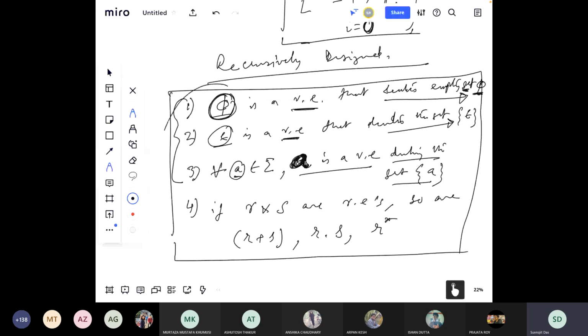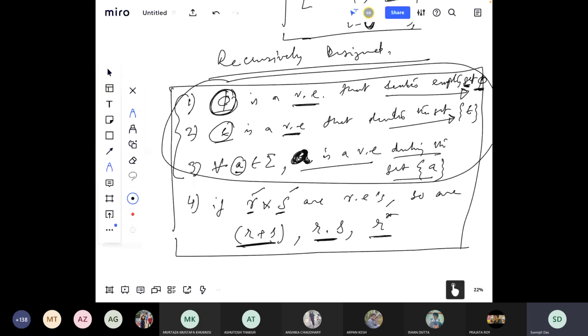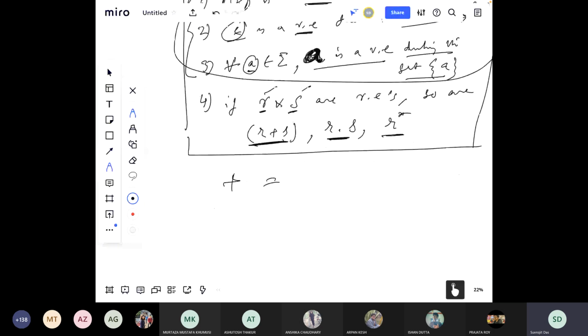So by these building blocks, if you define regular expressions R and S, now that's the recursive part, right? If you have regular expressions R and S at hand, then R plus S is also a regular expression. R dot S is also a regular expression. R star is also a regular expression. What is plus? The set union operator.